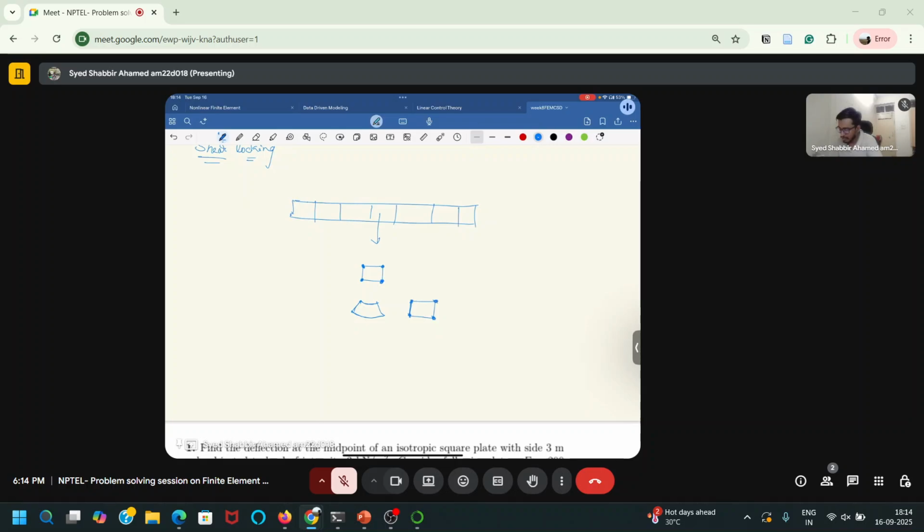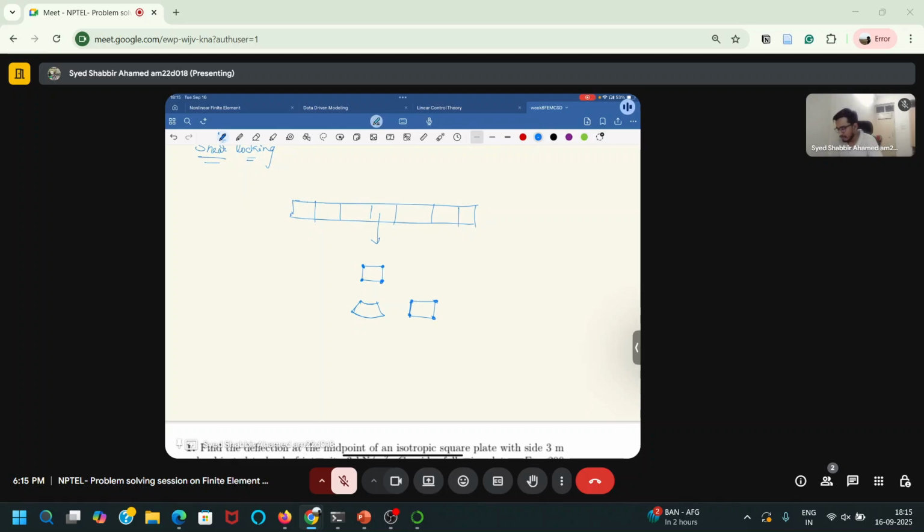If instead of four, you take higher order elements, like an eight-noded quadrilateral or a nine-noded quadrilateral, then that will represent this curved shape better. But because of the increase in nodes and degrees of freedom, computational efficiency will be less, and convergence will take a lot more time compared to a four-noded element. But obviously, you will get a more accurate solution.